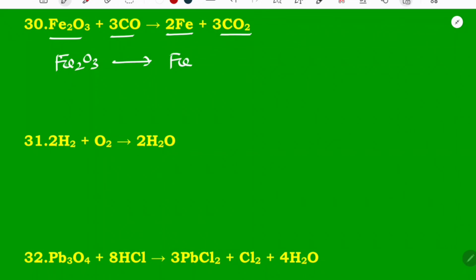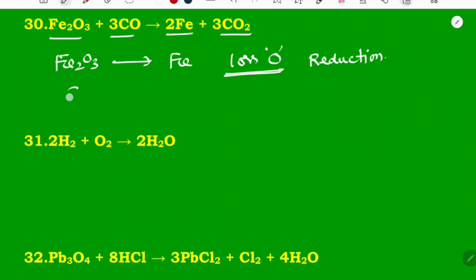Iron oxide is converting to iron. Means what takes place? Loss of oxygen, removal of oxygen. Removal of oxygen, what we call reduction.